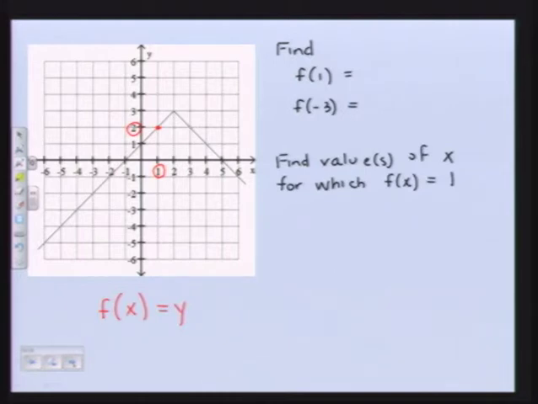So in the case of f of 1, my answer is 2. Finding f of -3: we go to x equals -3, go down to where you hit your graph, and determine what y value corresponds to that. That happens to be -2. So -2 is our answer for f of -3.